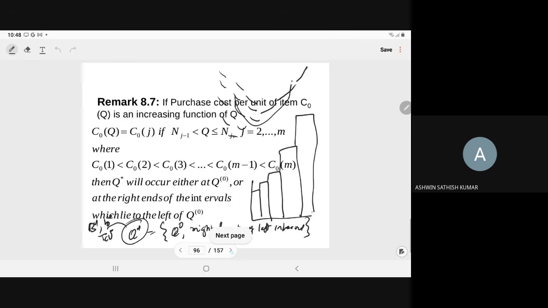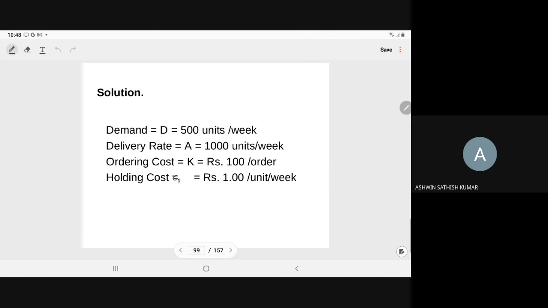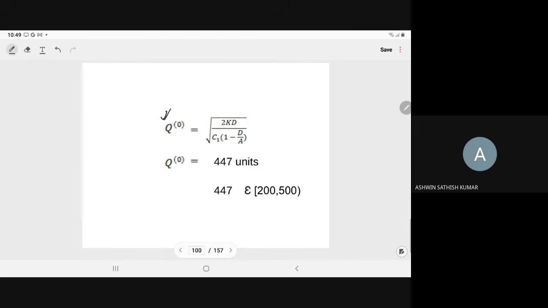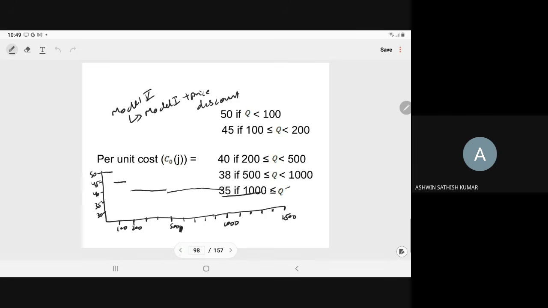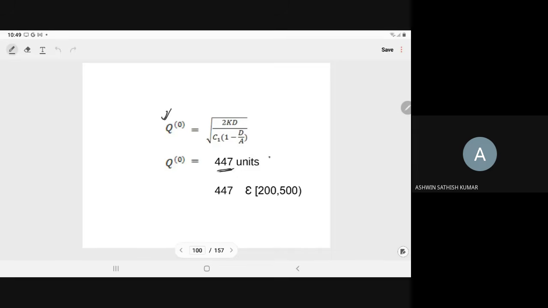So here we have the following information. From here we compute Q naught as 447, and this 447 belongs to the interval 200 to 500. You can notice the left side is closed, the right side is open.